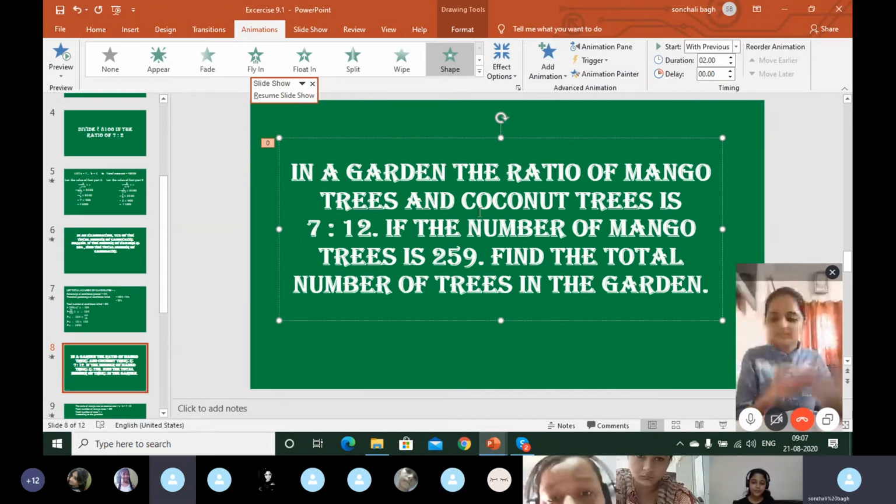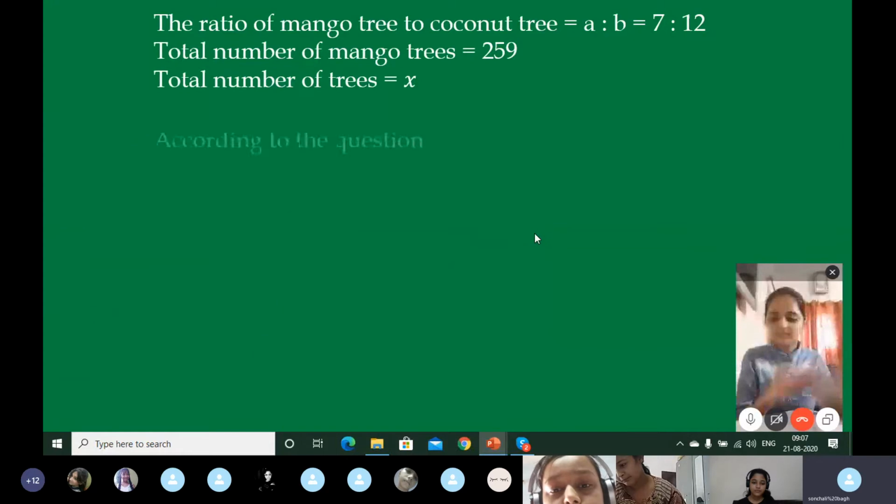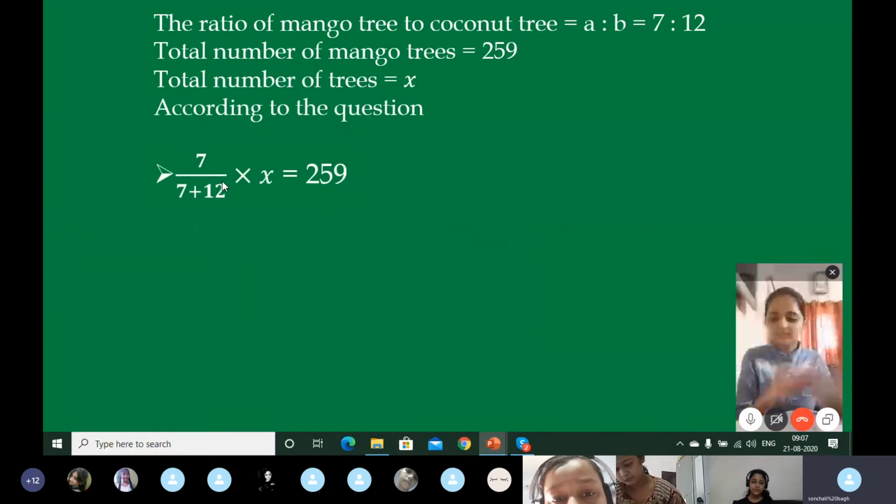The data was given for mango trees. So, 7 upon 7 plus 12, that is the ratio, multiplied by x is equated to the number of mango trees. Clear? Yes, ma'am.